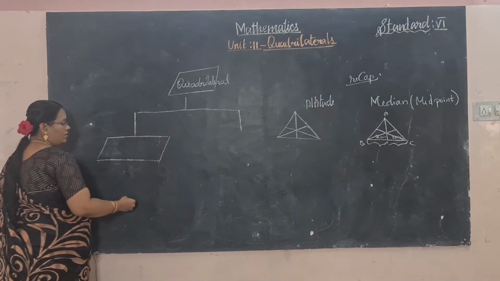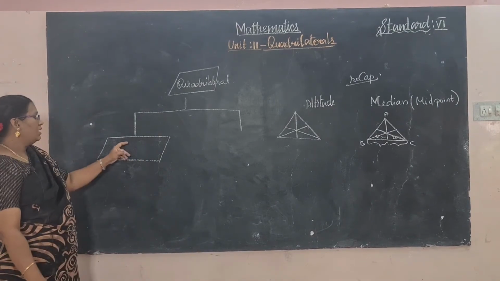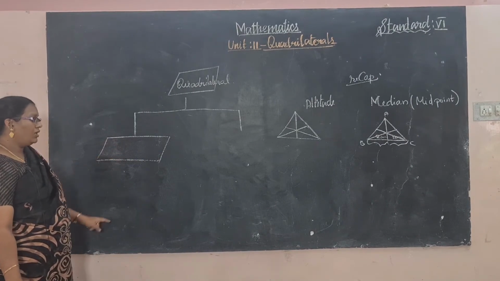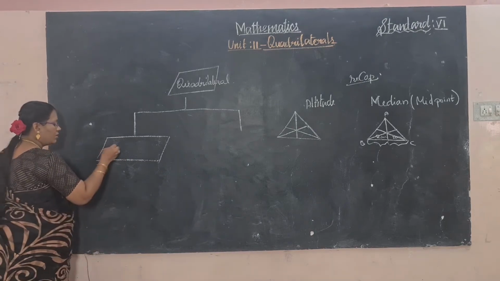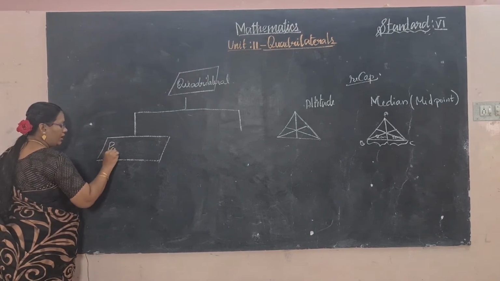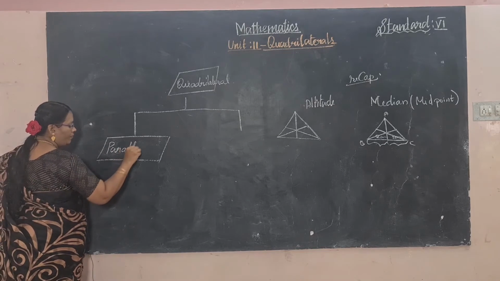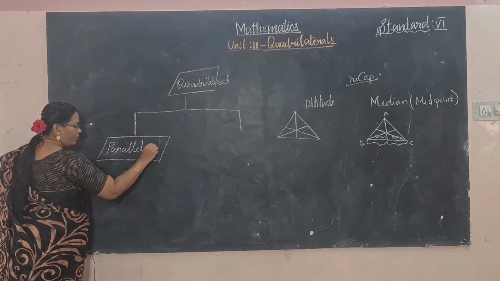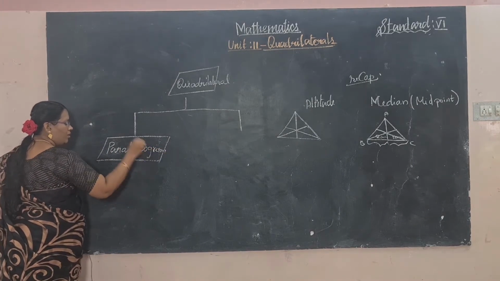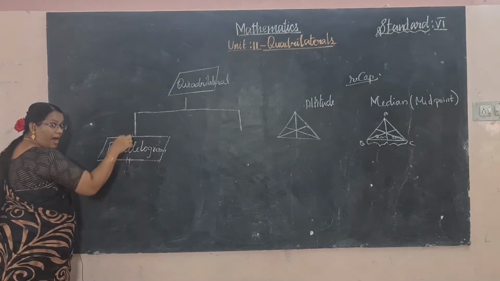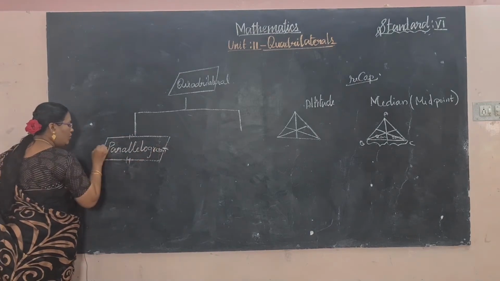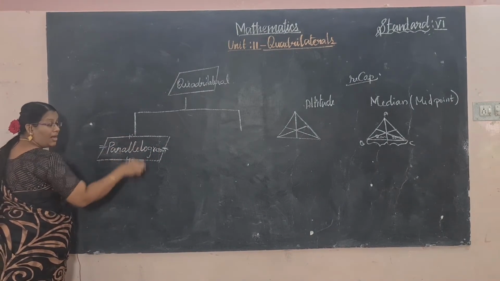And then it has two types. The parallelogram has 4 types. See parallelogram. Opposite sides are parallel and equal.